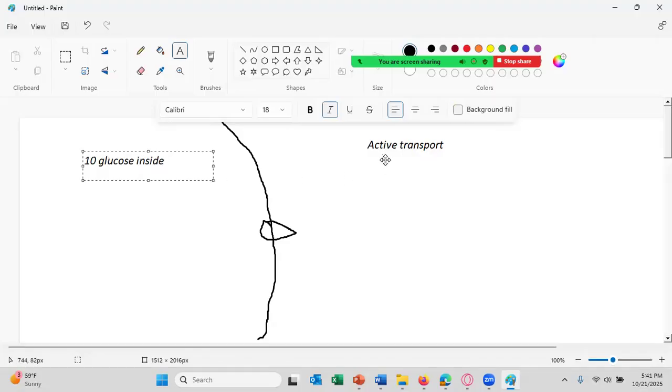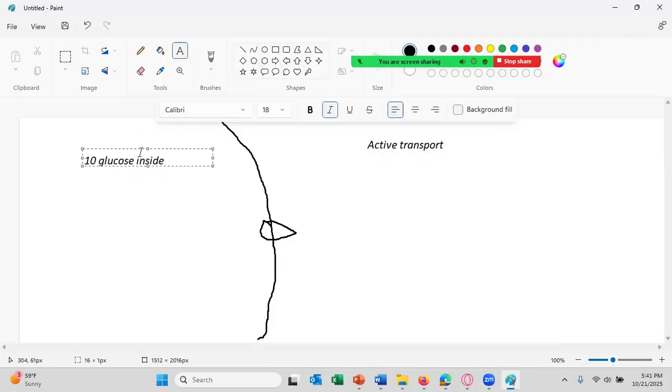I guess we should make that 20 molecules. I'm going to erase that. Let me erase both of them.